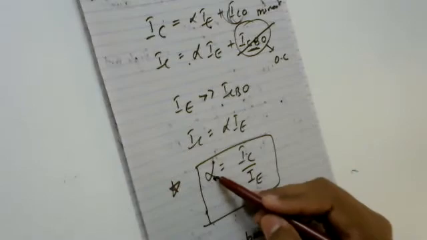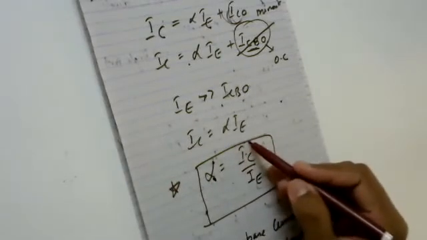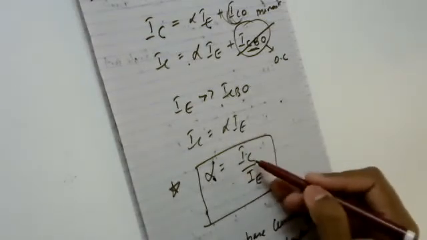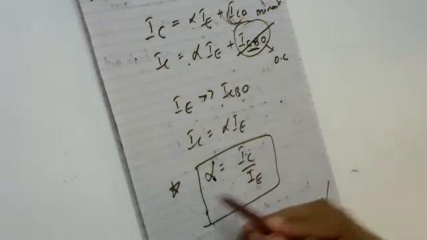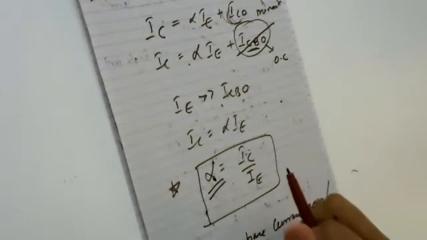That's why it is called the current amplification factor. IC is your output current and IE is your input current. So the ratio of output current to input current is the common base current gain.